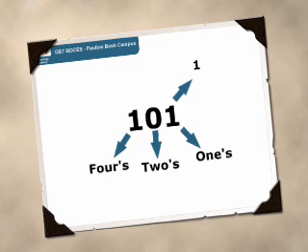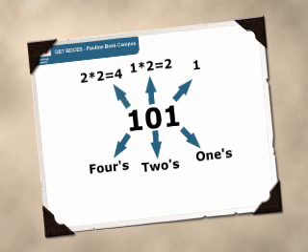So the first position is always 1. Now in order to find the next position, we multiply the first position, in this case 1, by the base value, in this case 2, giving us a position value of 2. In this example, obtaining the value of the last position is accomplished by multiplying 2, the value of the second position, by 2, giving us the value of 4.